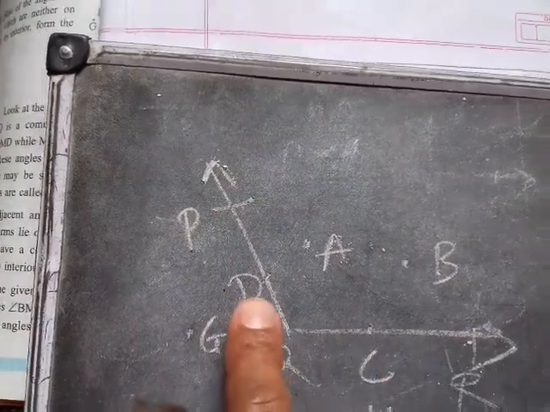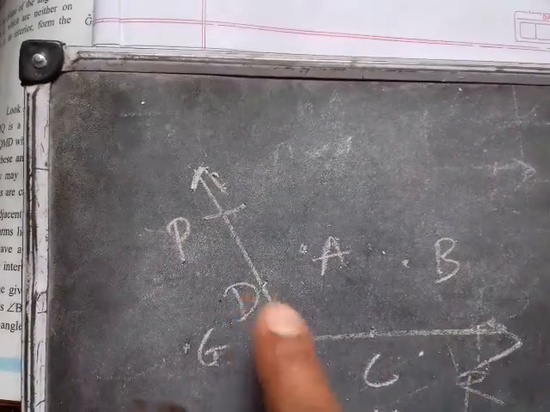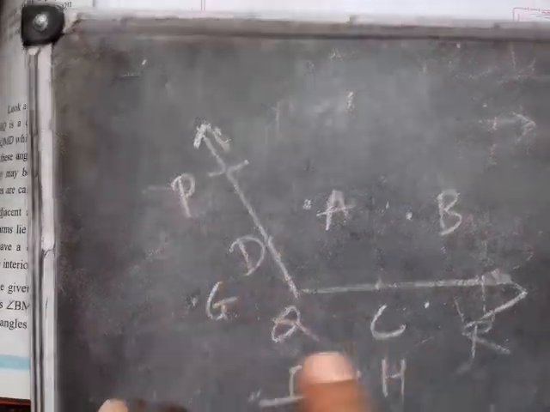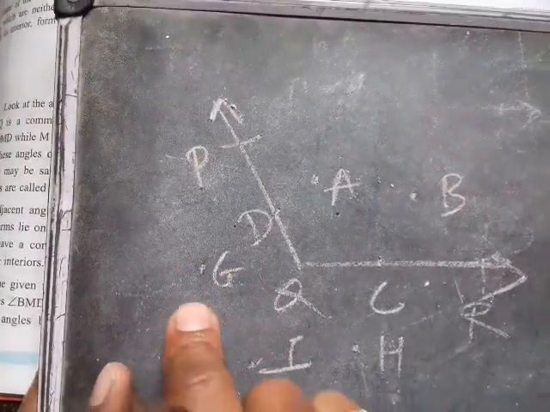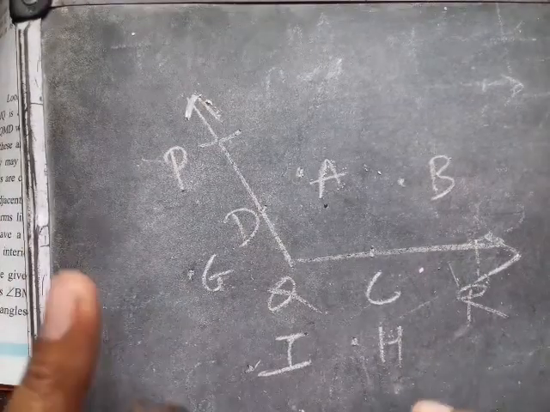Point C and point D. Actually P, Q, R are also on the angle, but the other points are D and C. The exterior points are G, point I, point H. These are the exterior of the angle.